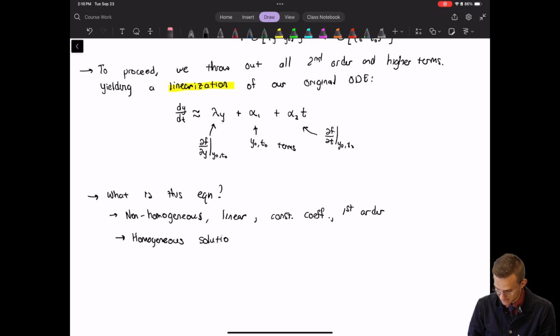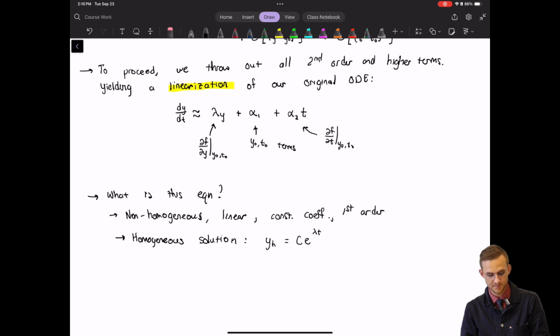Which we can easily see is going to be y_h equal to c times e to the lambda t, right? So you can see that if you drop the non-homogeneous part, you get that.